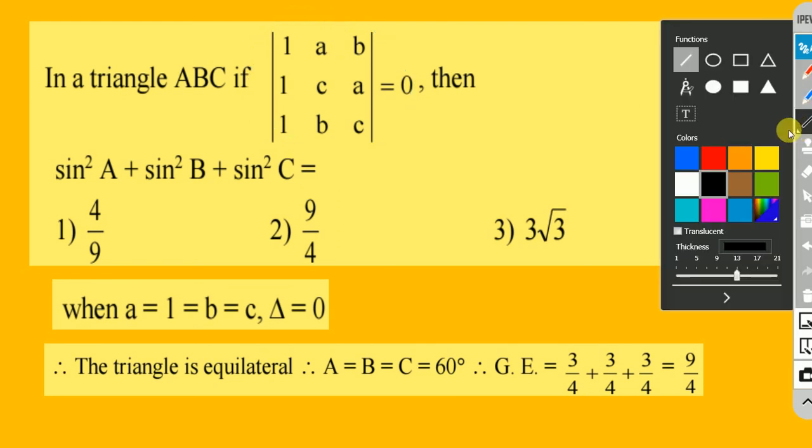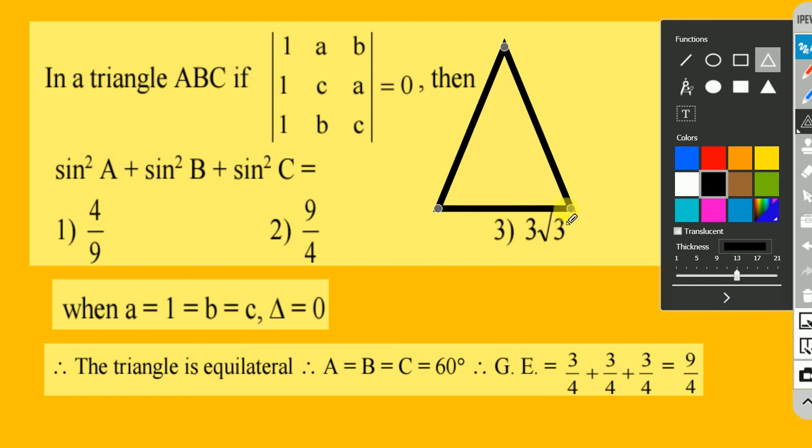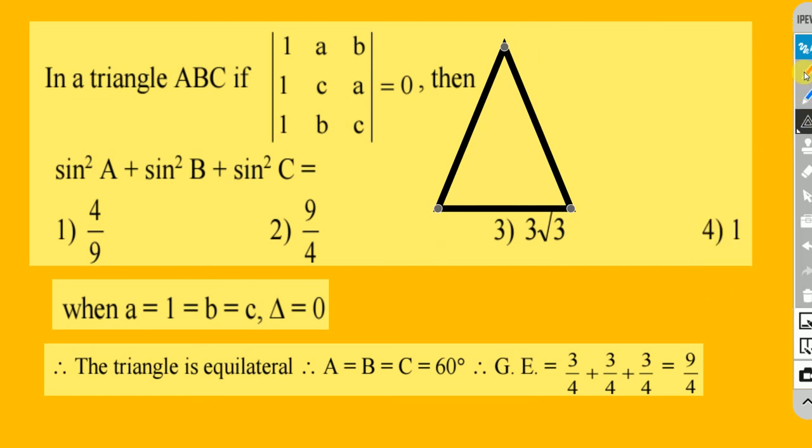Please note that a means the side opposite to angle A, c means the side opposite to angle C, b means the side opposite to angle B.